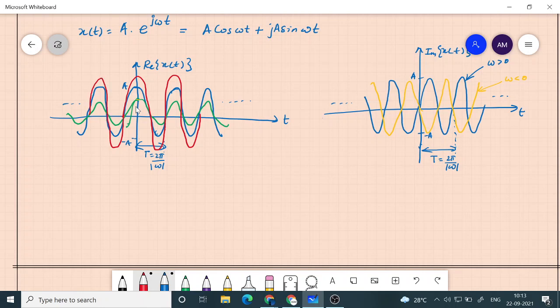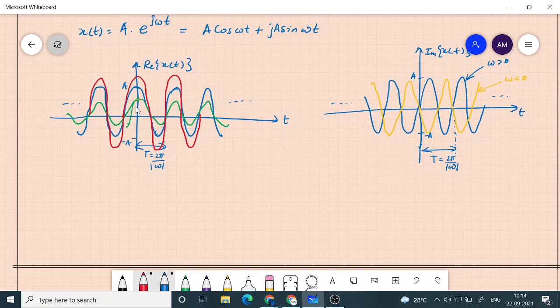This is one way I can change the amplitude, either increase or decrease. Green shows decreasing the amplitude after multiplying A with the magnitude of H of s. If the magnitude of H of s is smaller than 1, it will decrease the amplitude, like the green waveform. If it is greater than 1, it will increase the amplitude, like the red one.